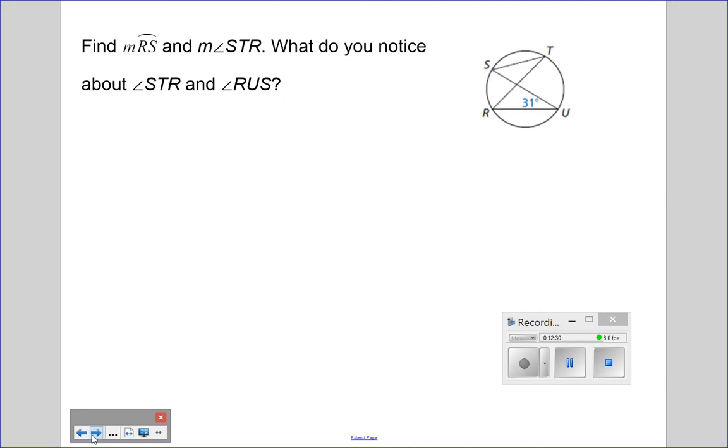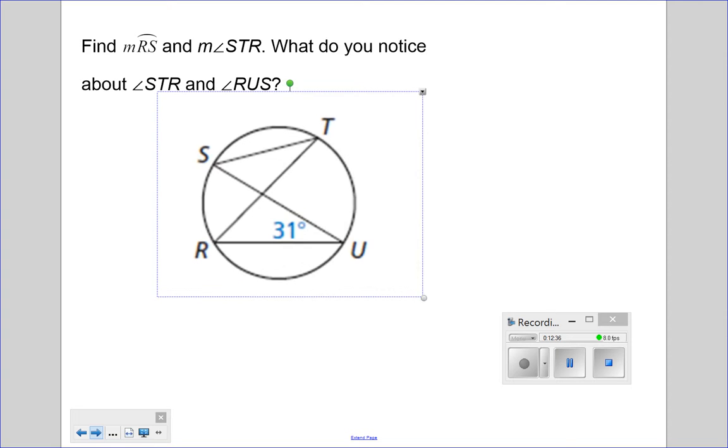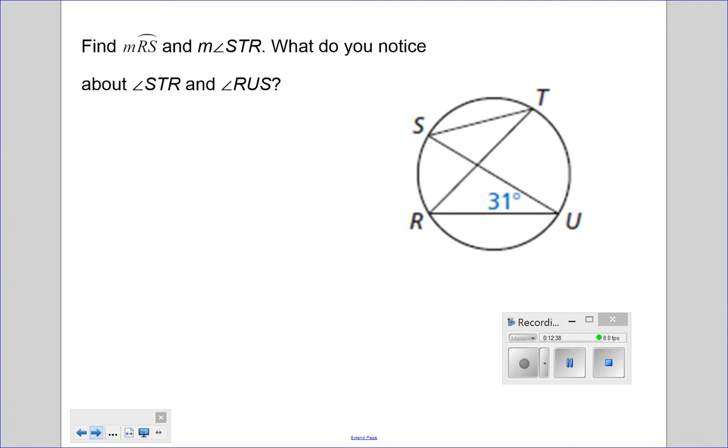Going back, let's go forward. Okay, we need to find the measure of arc RS and the measure of angle STR. What do you notice about angle STR and angle RUS? Well, RUS is an inscribed angle, and so you know the opposite arc is double the measure of the angle.